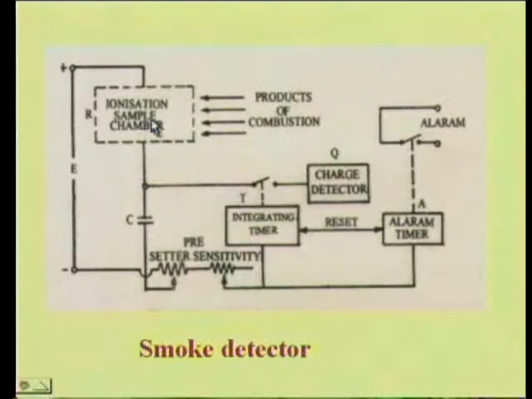Under normal condition, this capacitor will be fully charged. But when the products of combustion enter the ionization chamber, the nitrogen, oxygen etc. will enter here because of the smoke. When the oxygen or nitrogen has entered here, they are somewhat more dense, so this ionization will be slower, and when this ionization is slower, this capacitor will not charge fully.